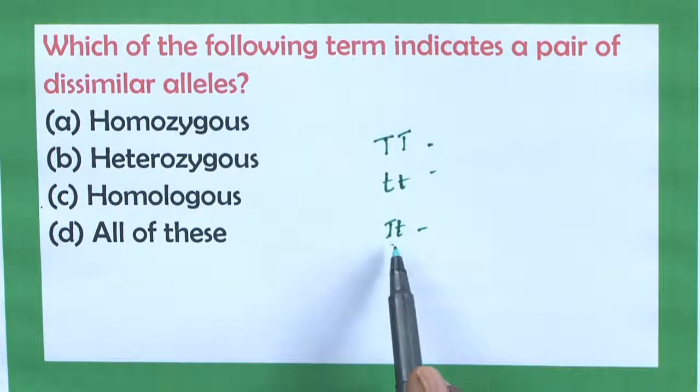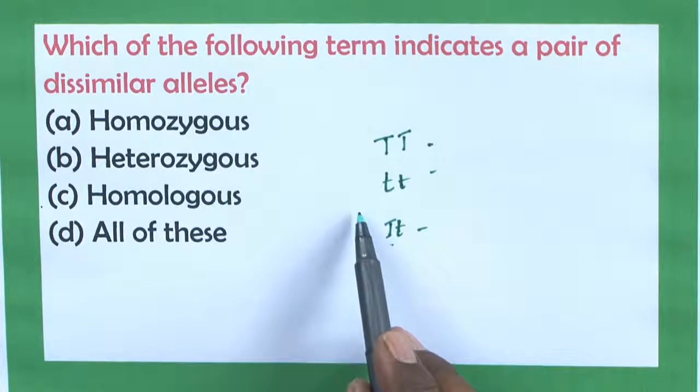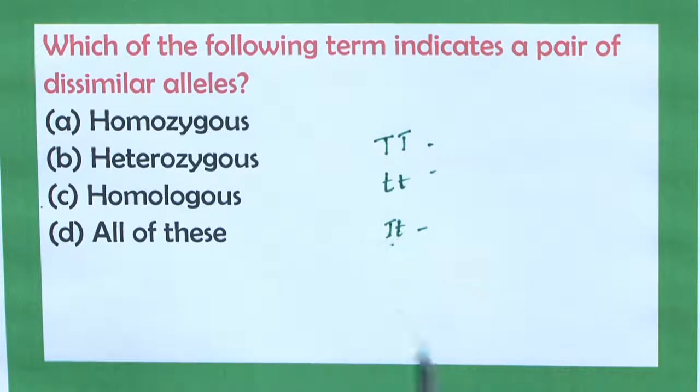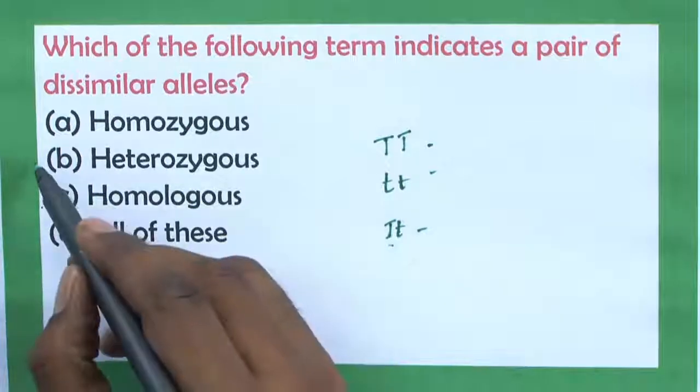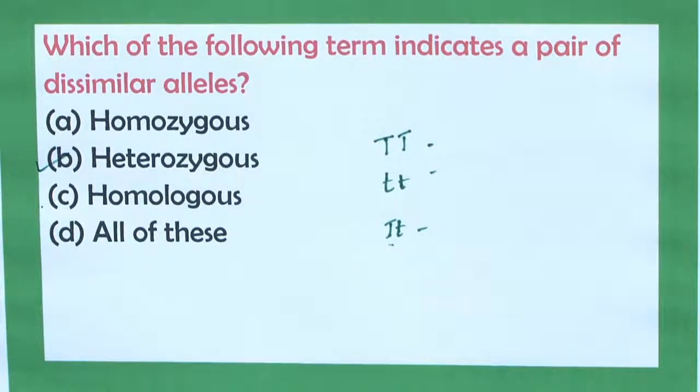For example, in this case, capital T is responsible for tallness and small t is responsible for dwarfness in the plants, and hence this condition is called the heterozygous condition. Hence, a pair of dissimilar alleles is the heterozygous condition. The correct option is option B, heterozygous condition.